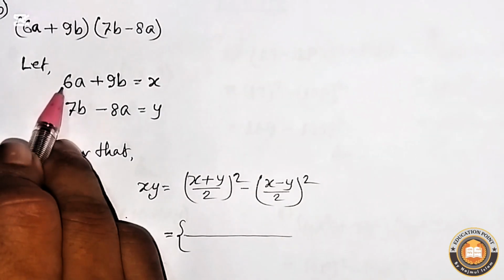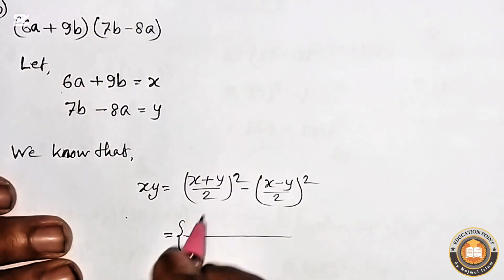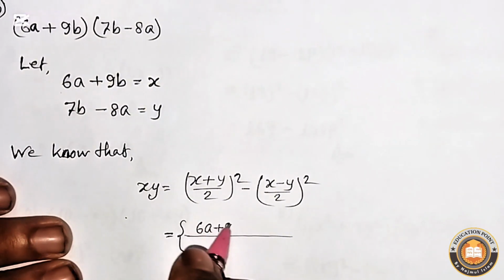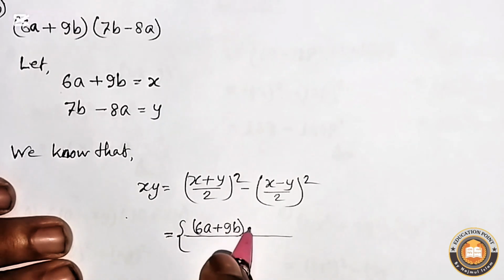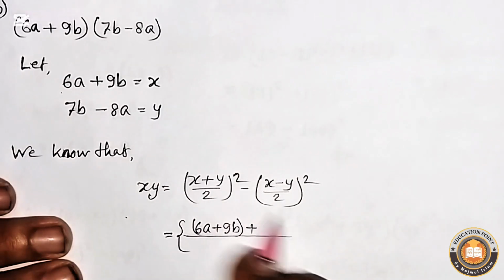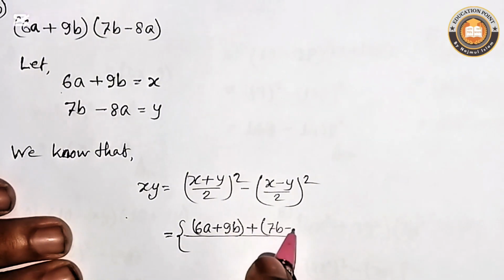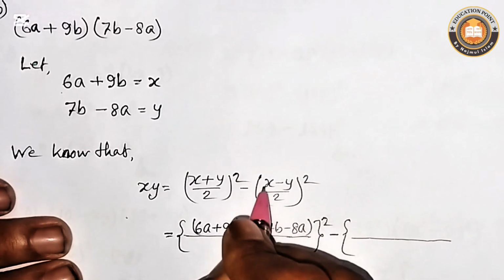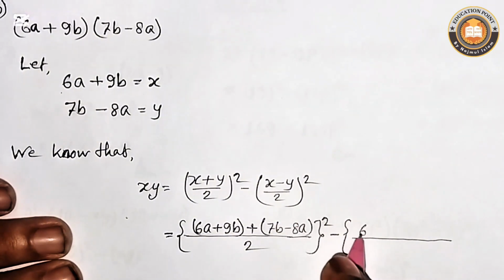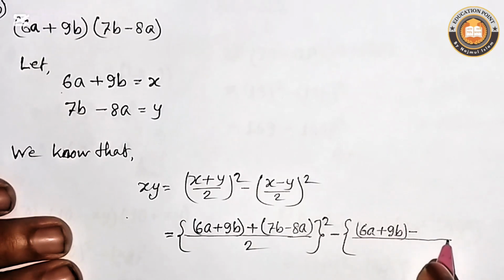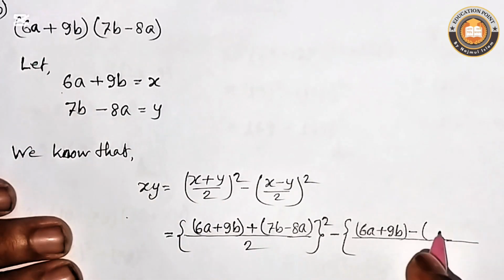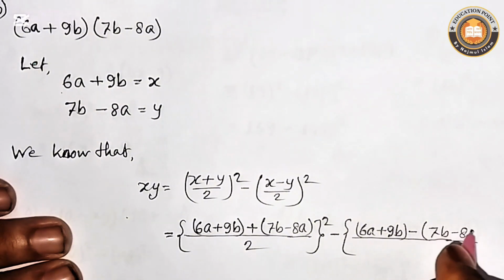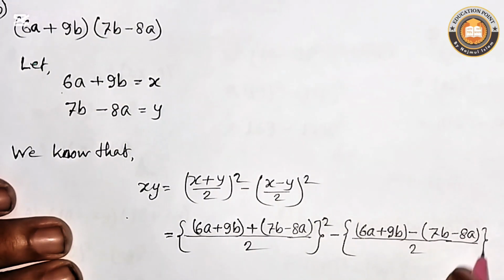Value of x is 6a plus 9b, plus value of y is 7b minus 8a, by 2 whole square, minus value of x is 6a plus 9b, minus value of y is 7b minus 8a, by 2 whole square.